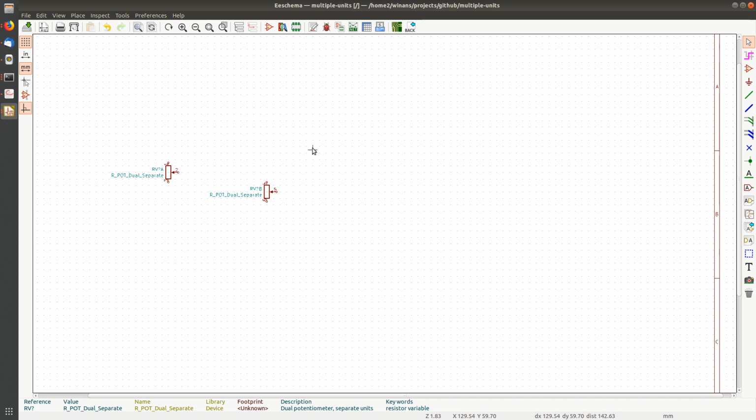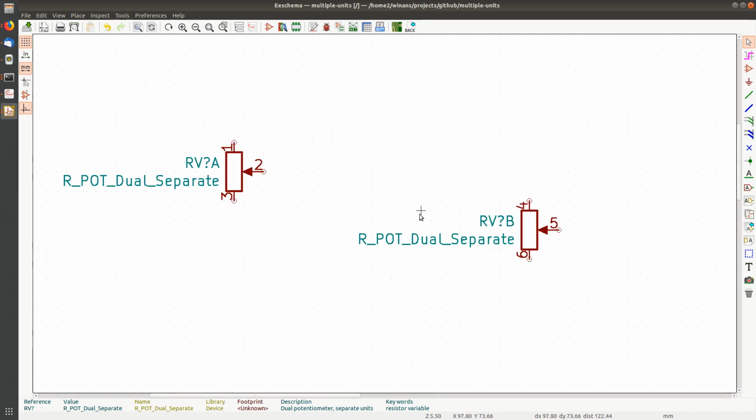That would be very handy, especially if they're buried in the middle of the design and it becomes inconvenient to route some signals out of the sheet into the parent sheet, in order to go to one of the 2 ganged pots in the single unit symbol design. This is pretty handy.